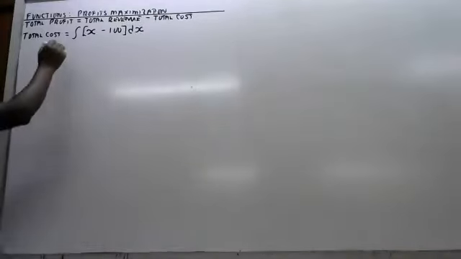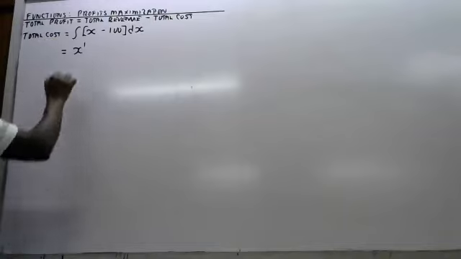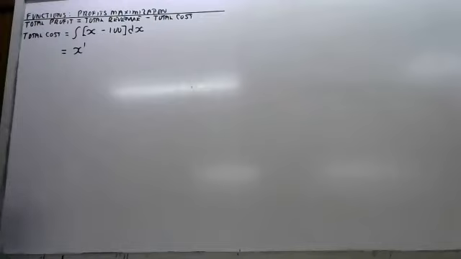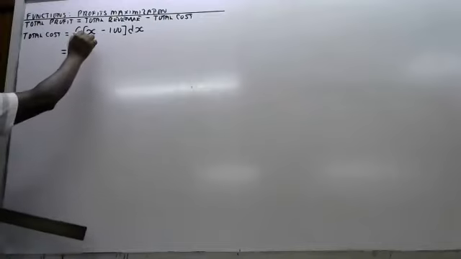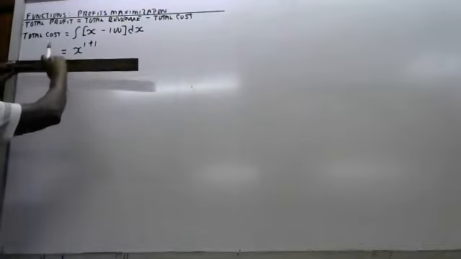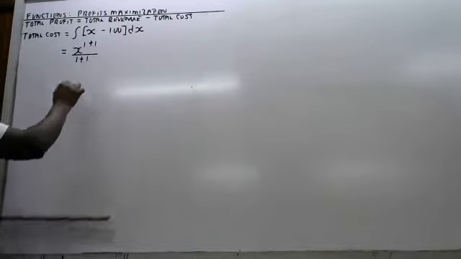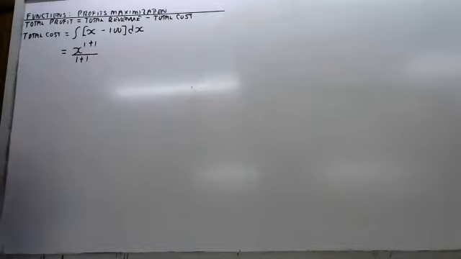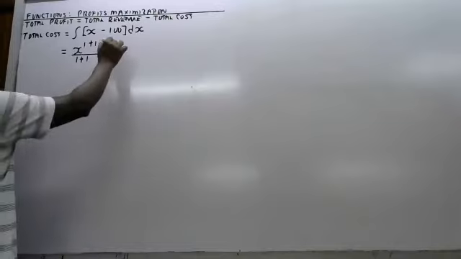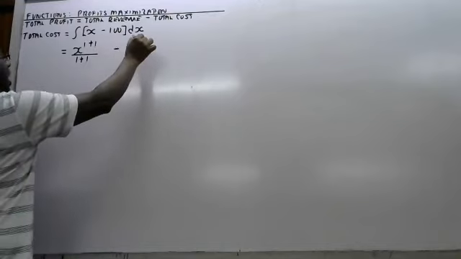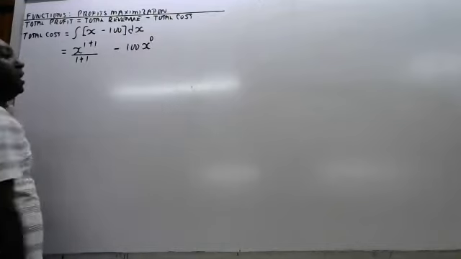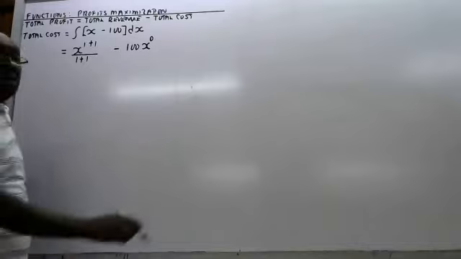So doing the integration changes to x, which is currently raised to power 1. You add back 1, then you divide by 1 plus 1, the new power, minus 100x, which is currently raised to power 0.